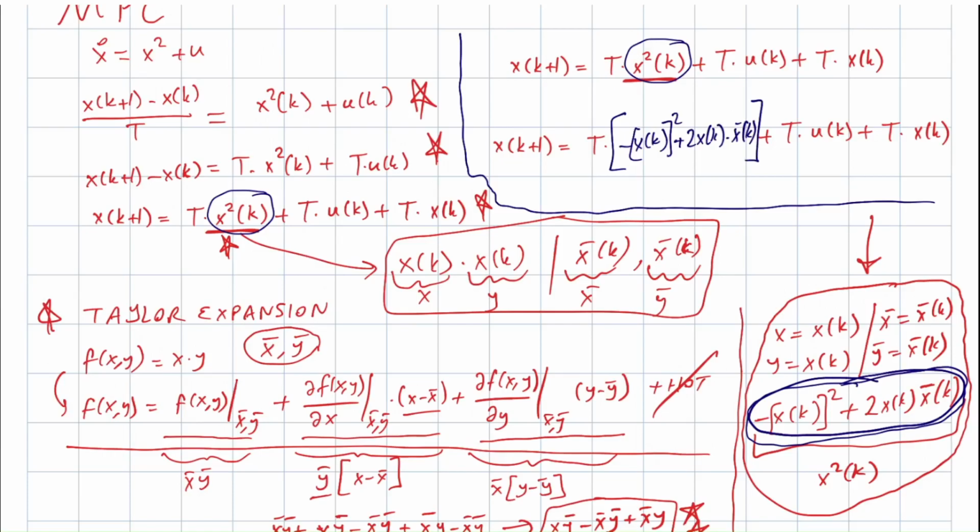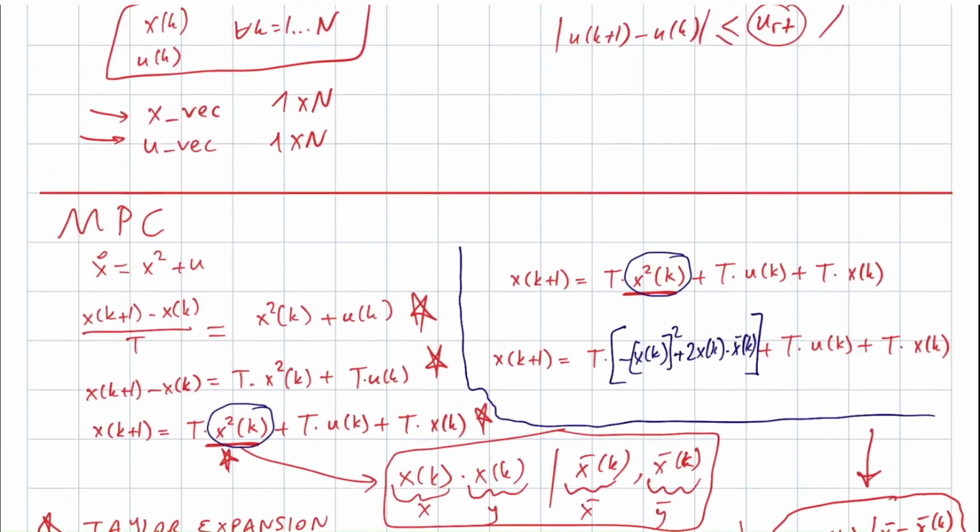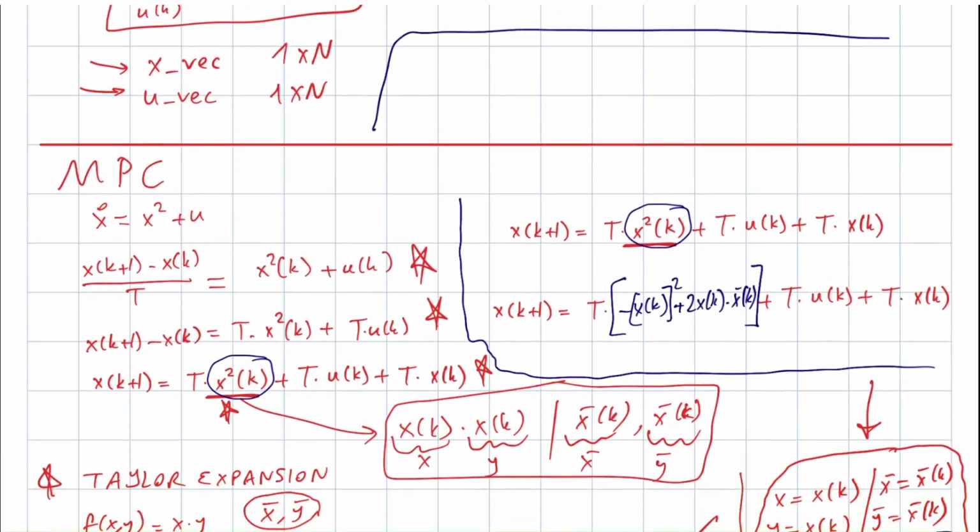Now you are wondering, hey, what is x bar of k? Maybe we never talked about something like this. Whenever you have nonlinear optimization problems and you want to use the MPC algorithm, let's say you have x1 and x2 and you have u1 and u2.